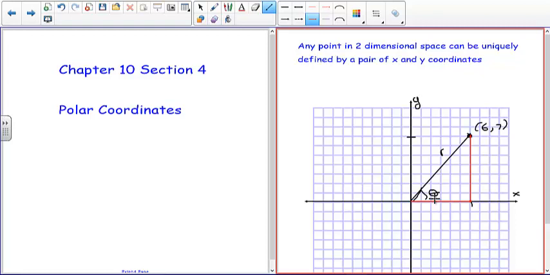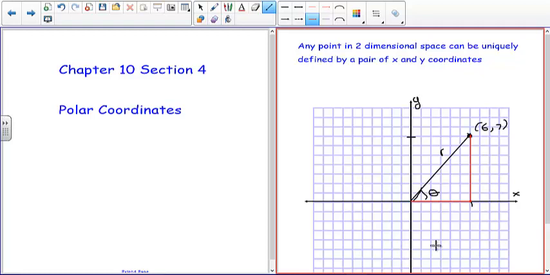The problem there is, of course, that the arctangent is limited in its domain. It only goes from negative pi over 2 to positive pi over 2. So you've got to think a little bit. You've got to know that if these are both positive, then it's going to be in the first quadrant. If x is negative and y is positive, it's in the second quadrant. If they're both negative, it's in the third quadrant.